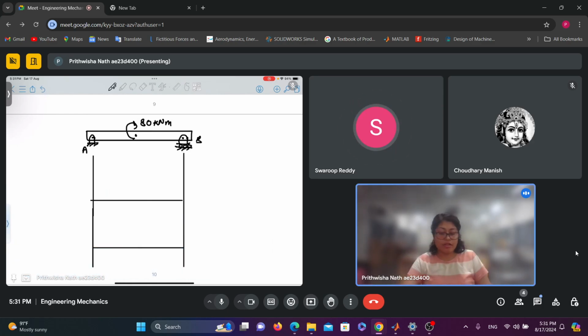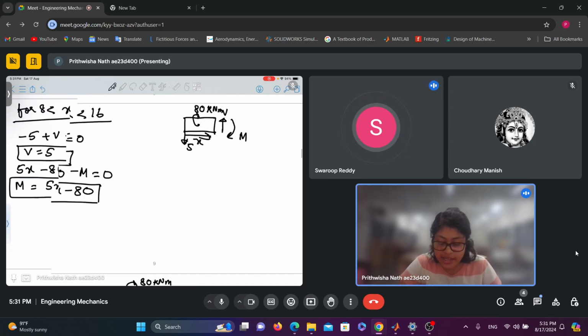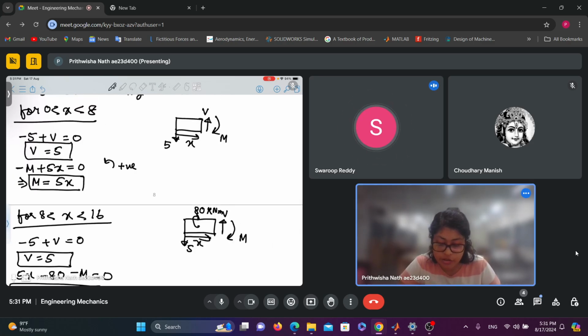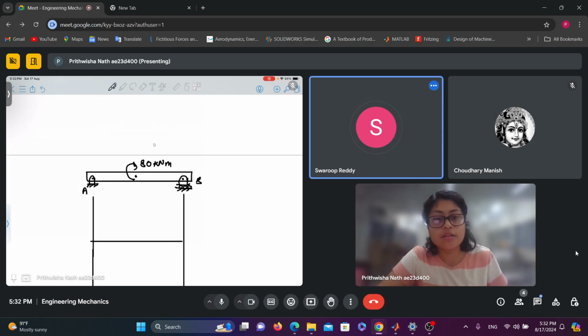So can you tell me what should the SFD look like? For both the cases it is 5, right? From 0 to 8 and 8 to 16. It is constant, right? So how should it look?